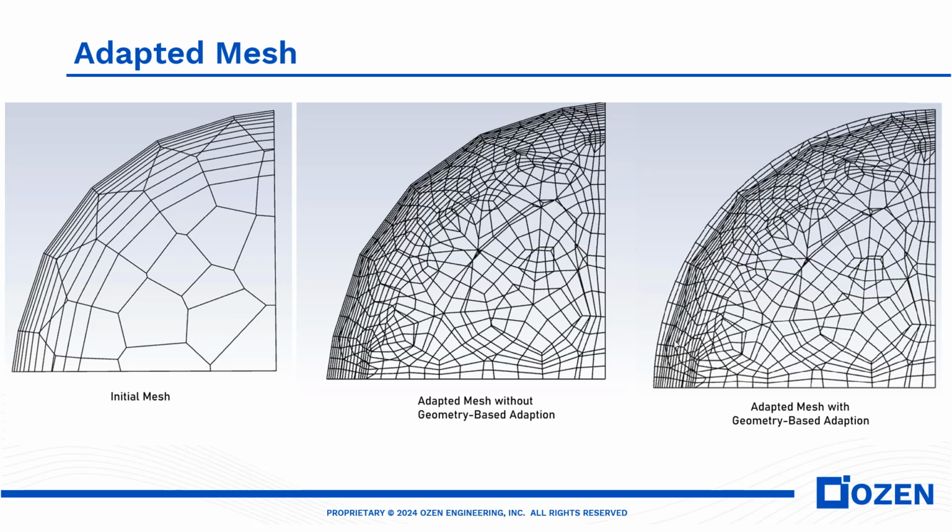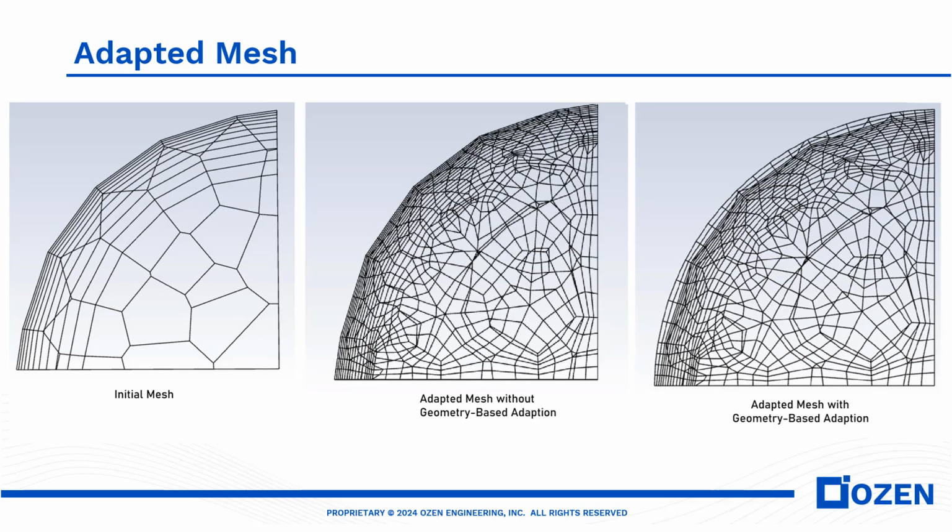Sometimes we may have over-refinement in areas that we don't need. The good point of geometry based adaptation is that we can have better matching between the resulting mesh and the original geometry shapes, and also improve the mesh in the critical regions where we want to check the physics of the problem, such as pressure drop, velocity gradient, or even levels of turbulence, so we can have a good quality. So we're done for this video.